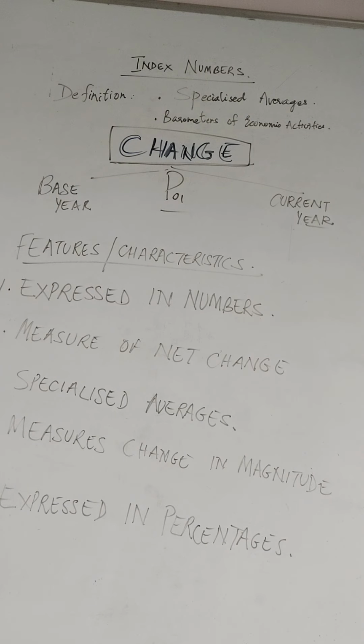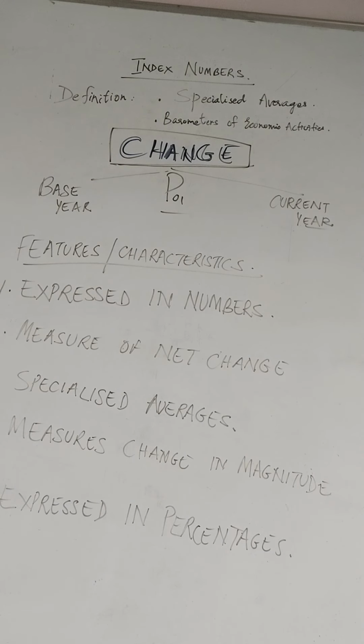So let's quickly take them up one by one. Expressed in numbers: what does it mean? Changes such as an increase in price or a decrease in production can be expressed in the form of numbers with the help of index numbers.